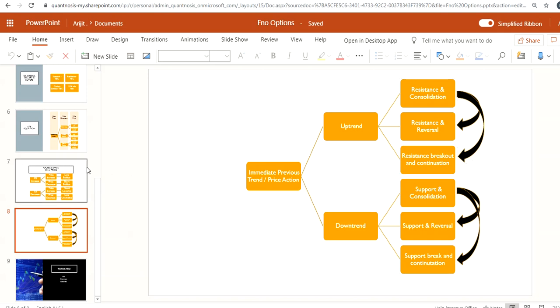I hope this makes clear what options are and in what scenario you should be buying an option. When you are expecting a move, only then should you look at buying options. Otherwise, if you buy an option, it will only lose value and you will make a loss.